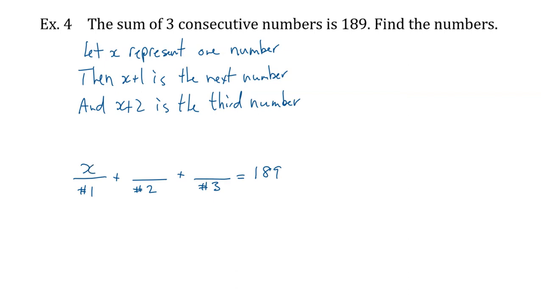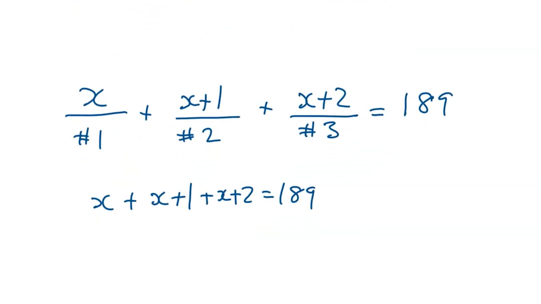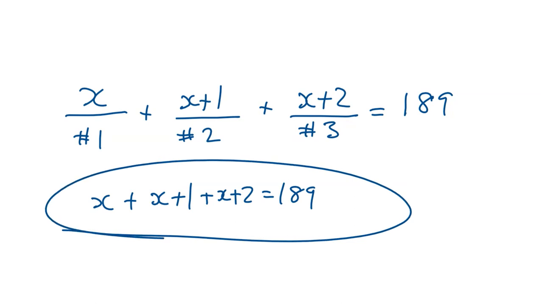What's the second number? x plus 1. What's the third number? x plus 2. Good. Okay, so again, if I rewrite it without that other junk, it would look like that. I'm going to zoom in. And now I have an equation that I can solve.